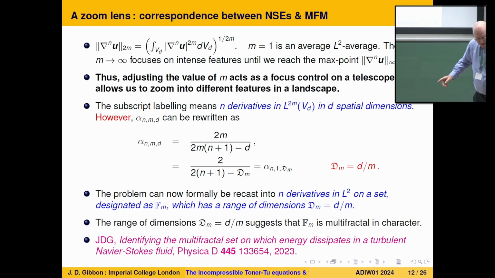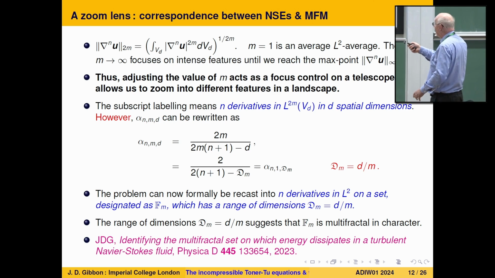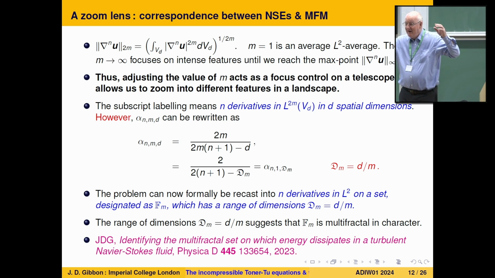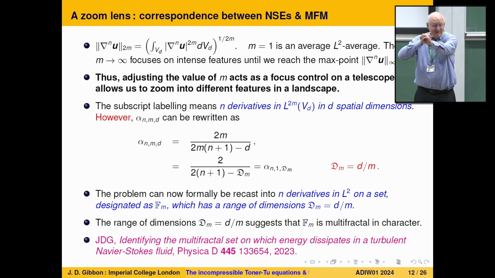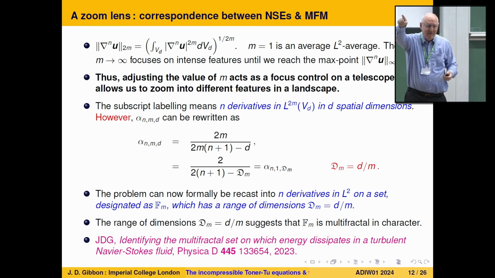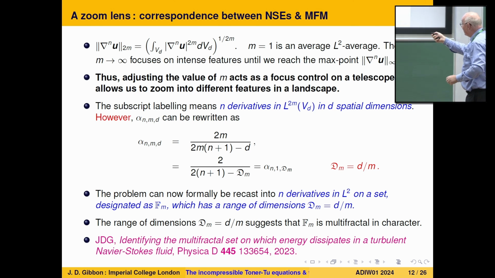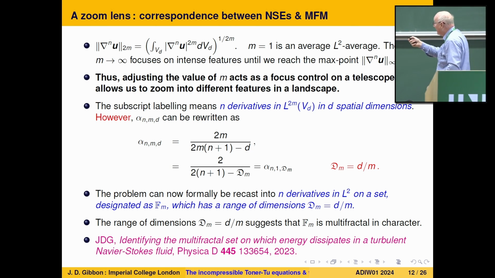Now you raise M. Raise this M, and as you increase M, essentially what you're doing is you're focusing your eyes or focusing a telescope with a zoom lens on the maximum point. You say, ah, yes, up there, there's the maximum point of vorticity up there. And you're focusing in, like on, so it's like taking a zoom lens and you focus in onto the maximum. And that's basically what this M is. That's the function of M. We move it between 1 and infinity.